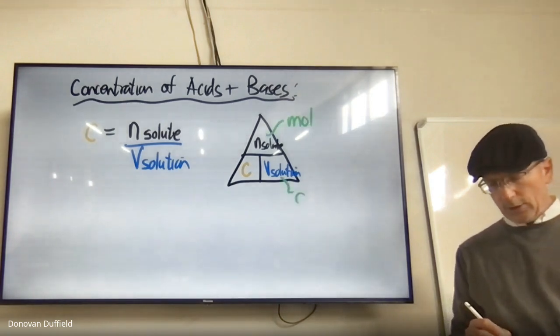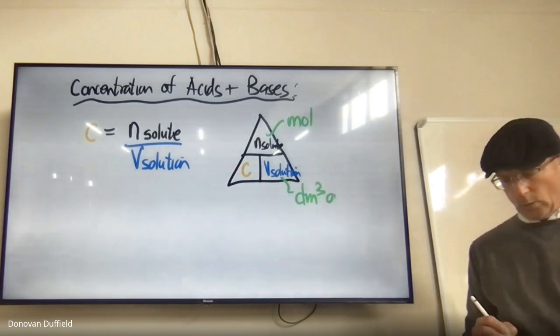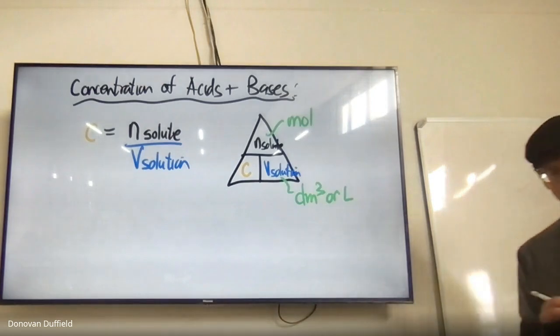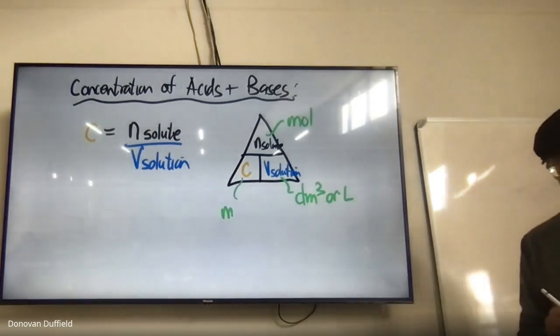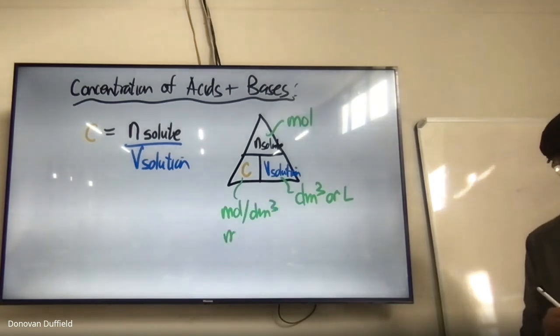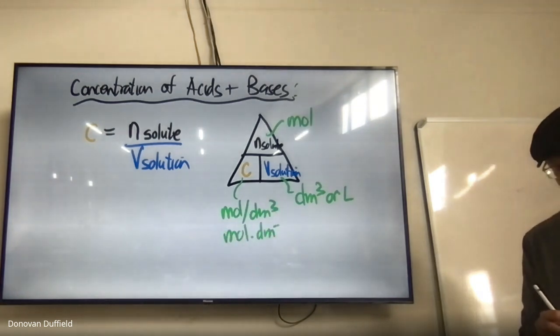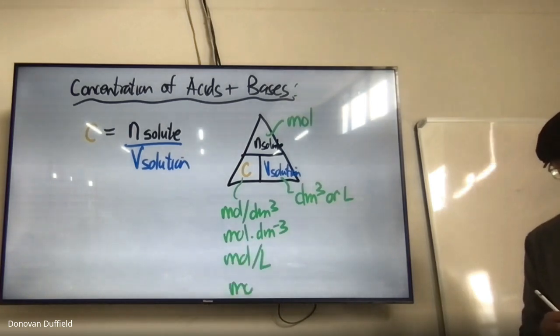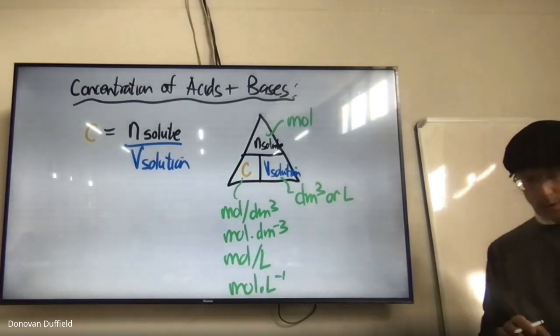V is measured in cubic decimeters or liters. Same thing. 1 cubic decimeter is 1 liter. So concentration is measured in mole per cubic decimeter: mole times decimeter to the -3. Mole divided by liter, or mole times liter to the -1.